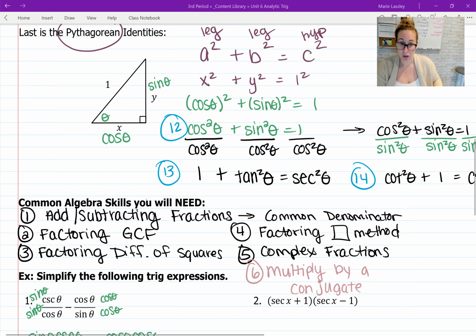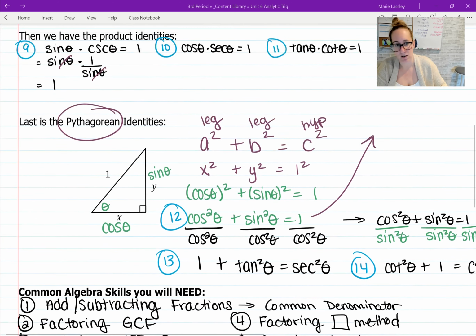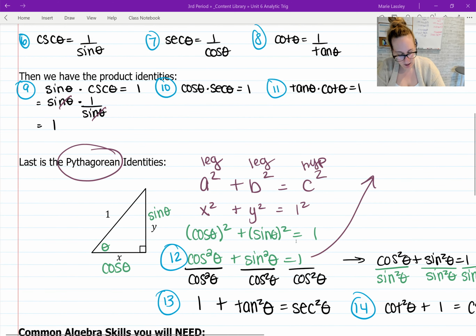If we subtract cosine squared from both sides, we would have sine squared theta equals 1 minus cosine squared theta.